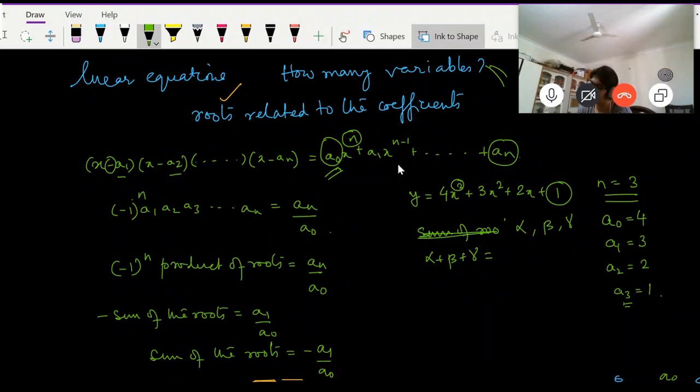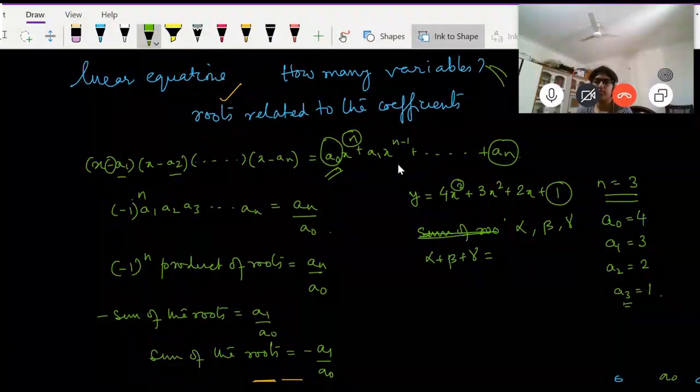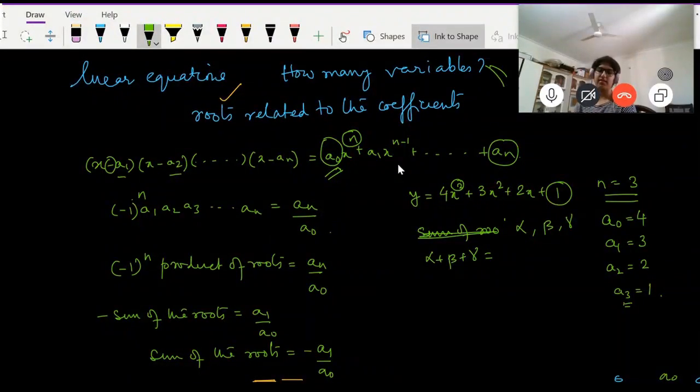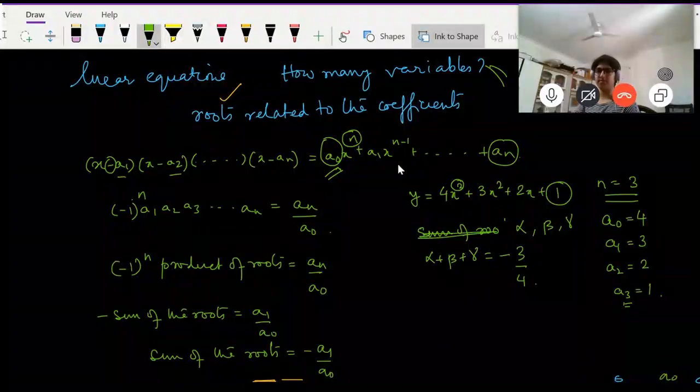So what is the value of a1 here? 3. Minus a1 is minus 3, a0 is 4, right?